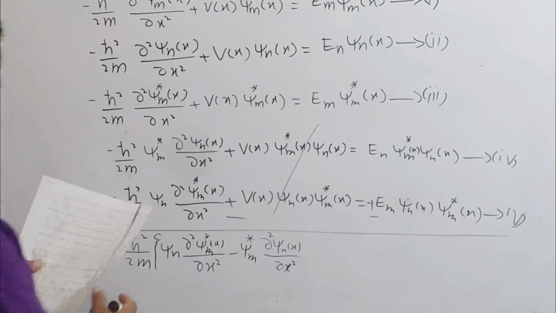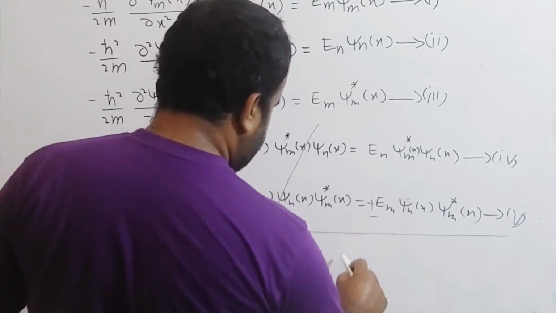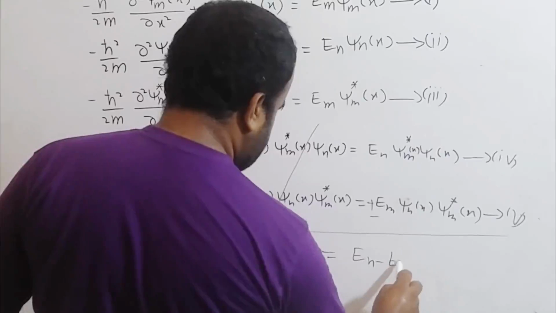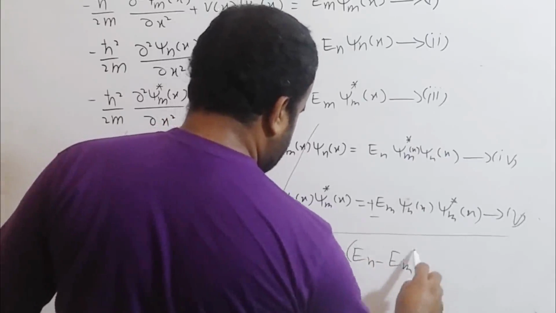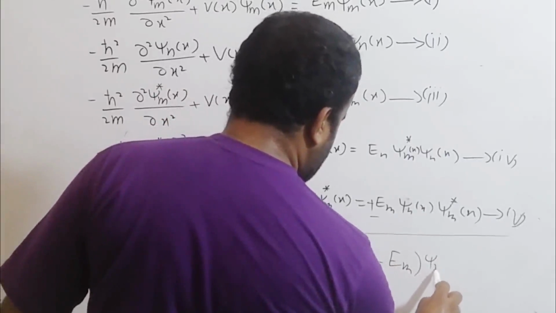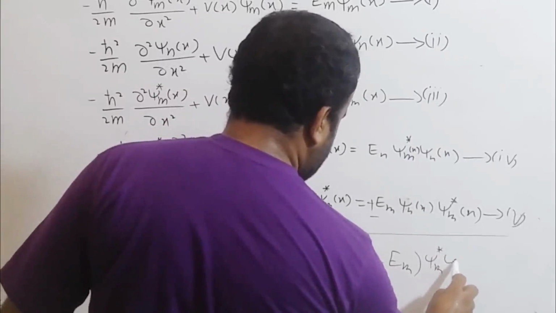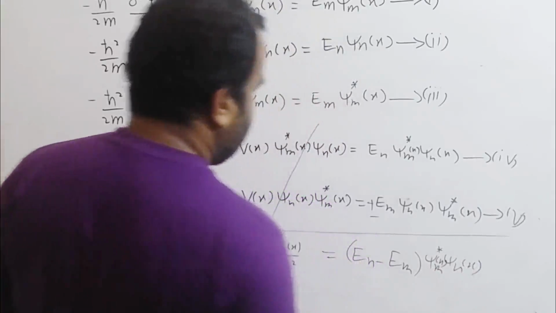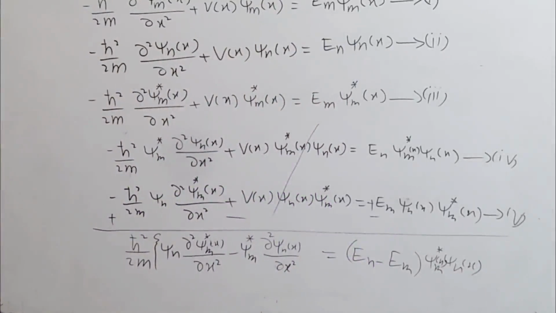And the next, here it is En minus Em into ψm* and ψn of x. ψm* and ψn*.